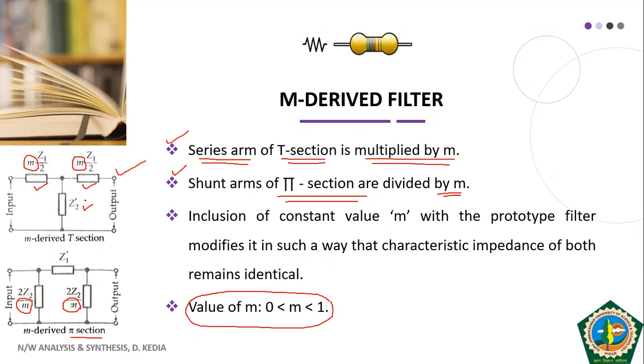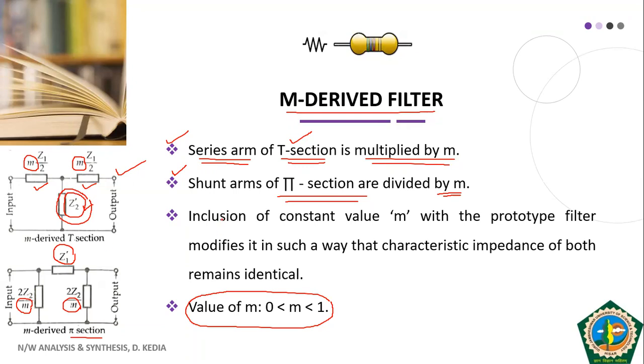Now, you notice this thing. Here we have Z2 dash, not Z2. Here we have Z1 dash, not Z1. What does it mean? If you are using M derived filter of the type T section, we will multiply the series arm by M. Then after doing that, we will modify our Z2 of the constant K filter in such a way that the characteristic impedance of the prototype T section and the M derived T section remains same.